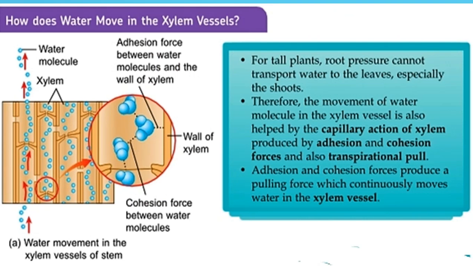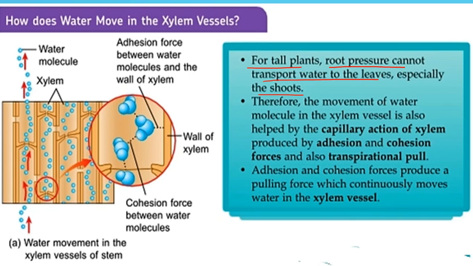So how does water move in the xylem vessel? Sekarang bagaimana air itu naik melalui xylem vessel, melawan gravity. Okay, so for tall plants, root pressure cannot transport water to the leaves, especially the shoots.